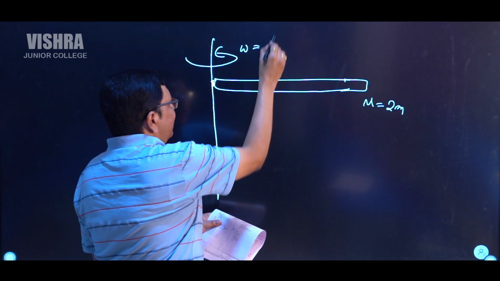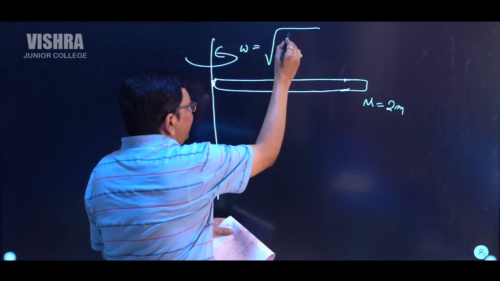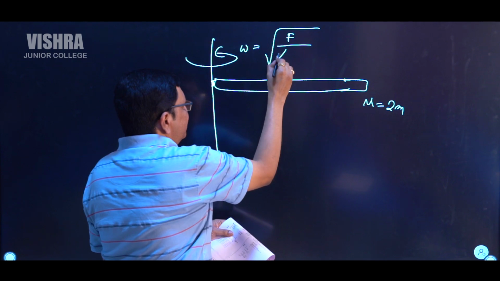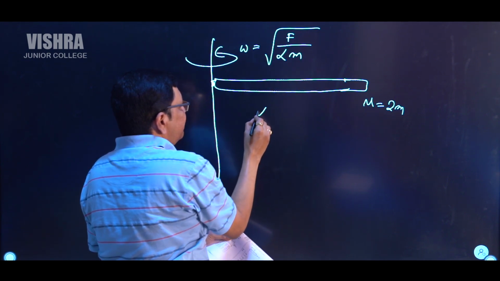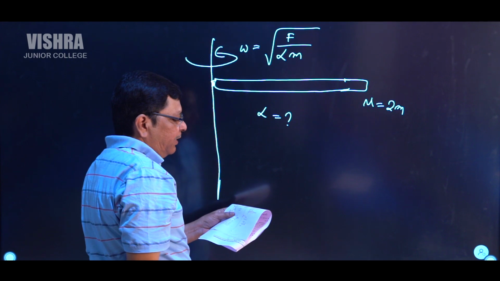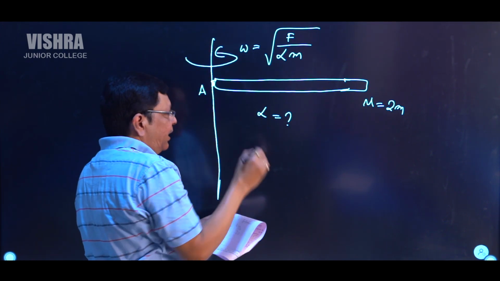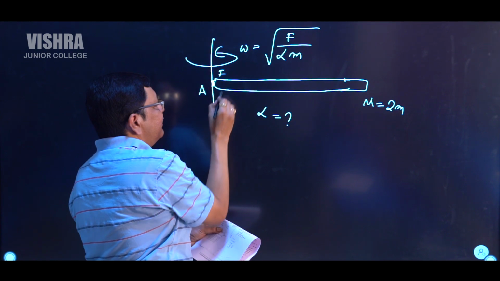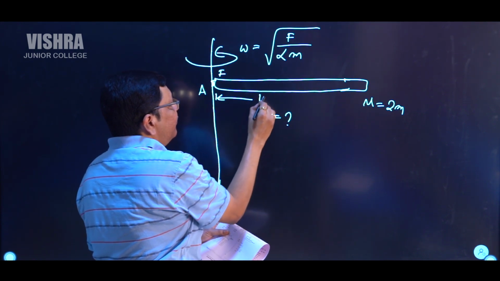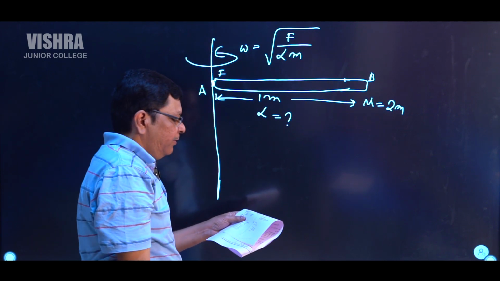Given that this angular velocity is root over F divided by alpha times m, the question is to find alpha. One more piece of information given is that the tension in the rod at end A is capital F, and the length of the rod is 1 meter. And this rod is AB.